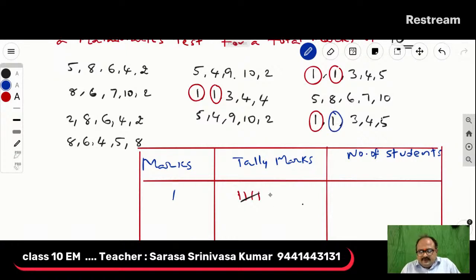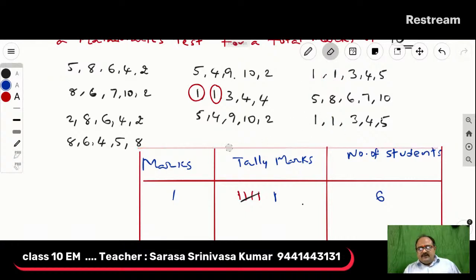This is the sixth tally mark. So 1 mark is obtained by 6 students. This is how we note down the tally marks for 1 mark.